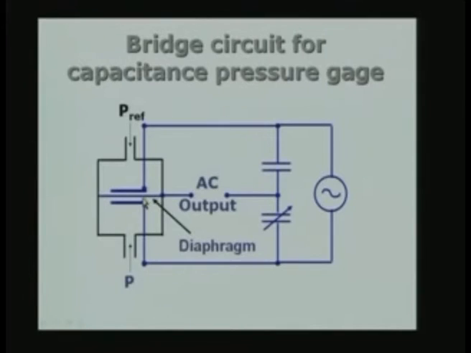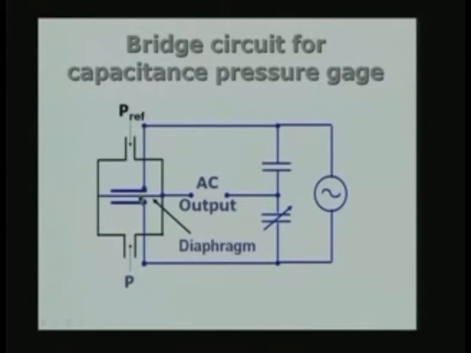And what is happening is, if the diaphragm undergoes a change in its position, for example, if it moves up, it is going to reduce the gap between the top plate and the diaphragm, and it is going to increase the distance between the diaphragm and the bottom plate.